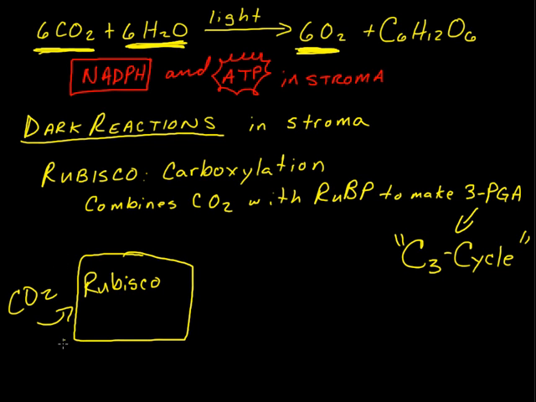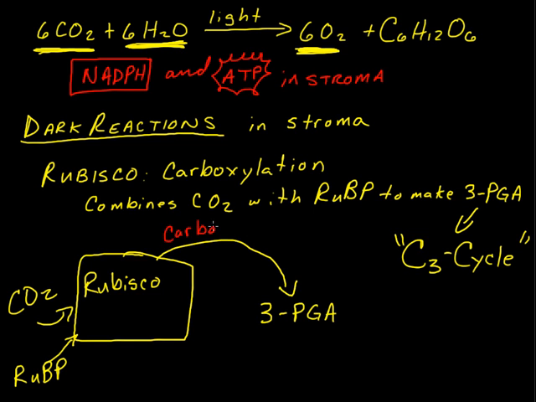And this CO2 binds with Rubisco, as well as this RuBP molecule, which binds with Rubisco. And the Rubisco basically spits out as a product the 3-PGA molecule. Now, again, this process is called carboxylation, and so this is the first major step of the dark reactions, and it's carboxylation.